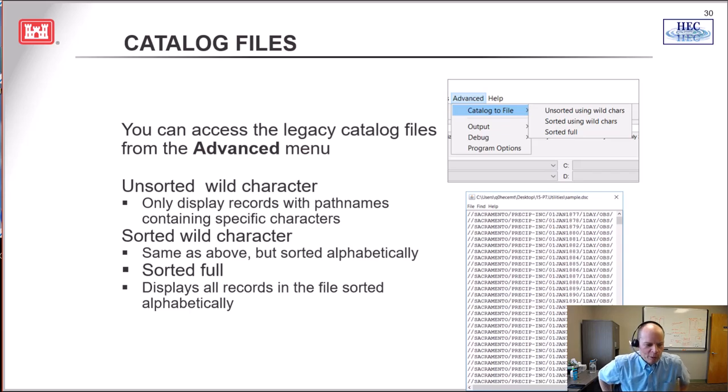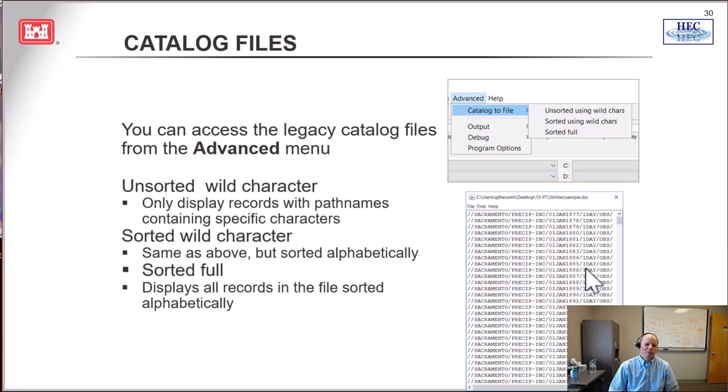So the first one we'll look at here is the catalog files. This is more of a legacy thing where some of the old DSS programs would use a DSS text file of the catalog. In fact, DSS version 6 used this catalog here below where you see that sample DSC.